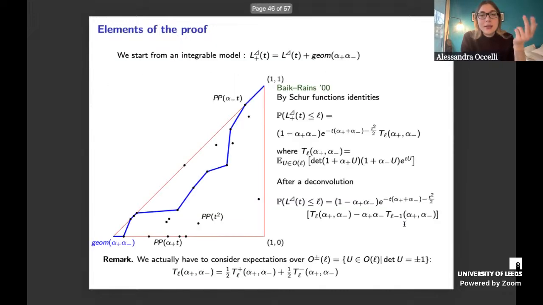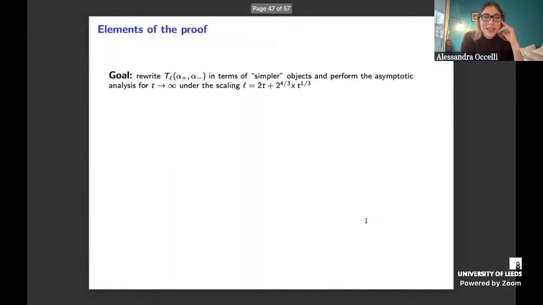So basically, now we want to understand what these TL objects are. The idea is that we want to express this expectation over the orthogonal group as simple objects, and then do the asymptotic analysis by scaling L with the typical scaling: L would be 2t plus x times a prefactor t to the cube root of t.